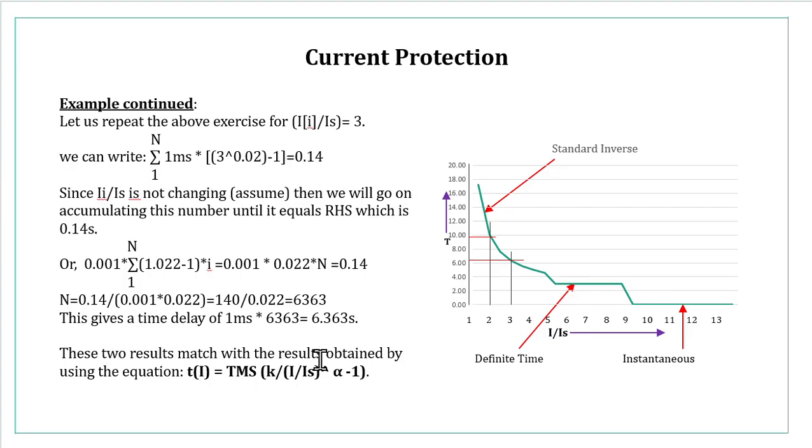So these two results match with the results obtained by using this equation. This was the original equation and we converted it into this kind of equation. Done? So in both cases you get identical results, so we can safely use this equation.